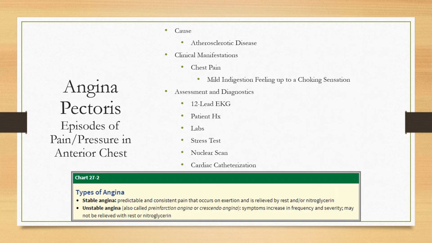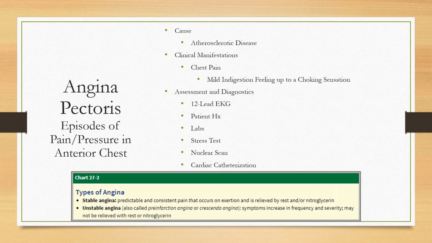Okay, so angina pectoris or angina is episodes of chest pain, or some people describe it as chest pressure. And what is it? It's inadequate oxygen supply, but increased demand. So I go for a walk, I'm going up a hill, my heart's beating faster and harder, I need more oxygen, but the coronary artery is somewhat blocked, it can't provide more flow.